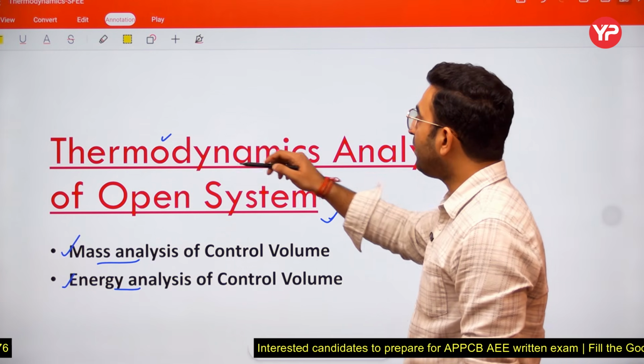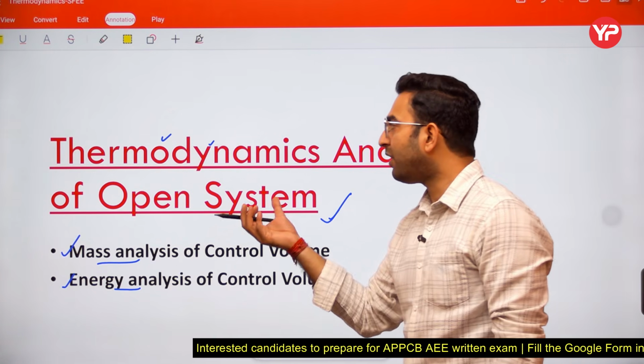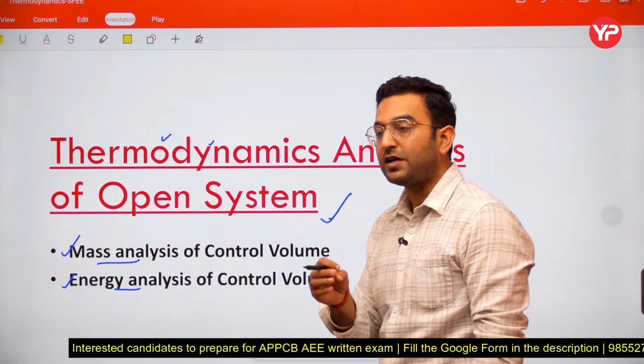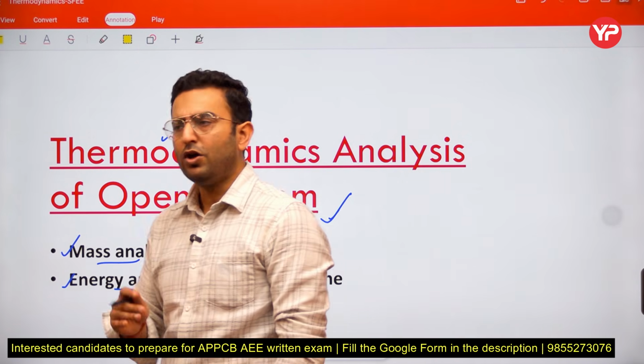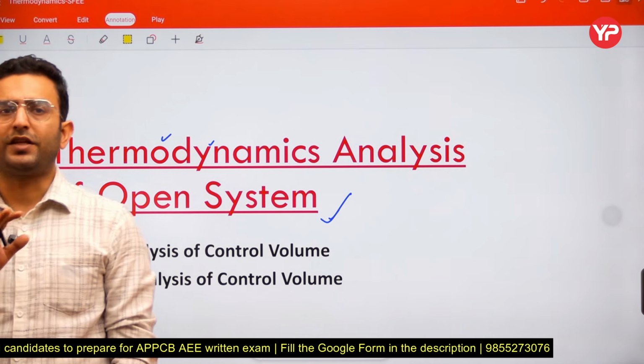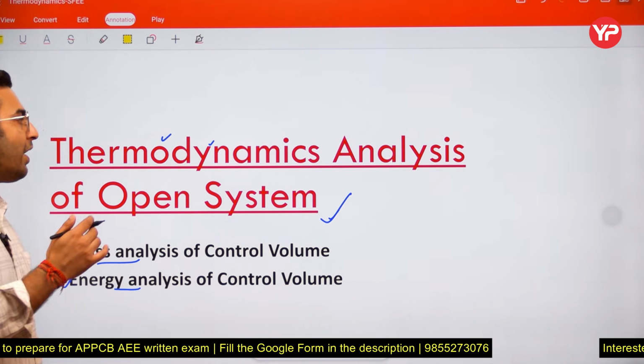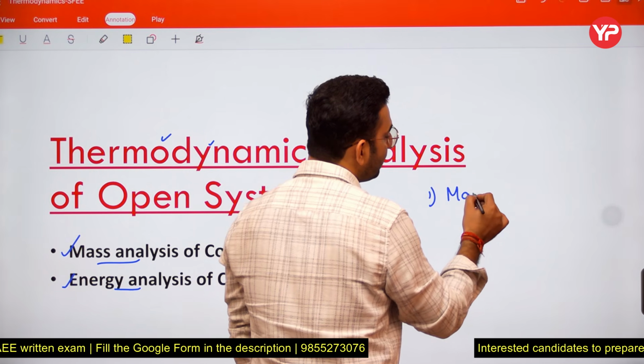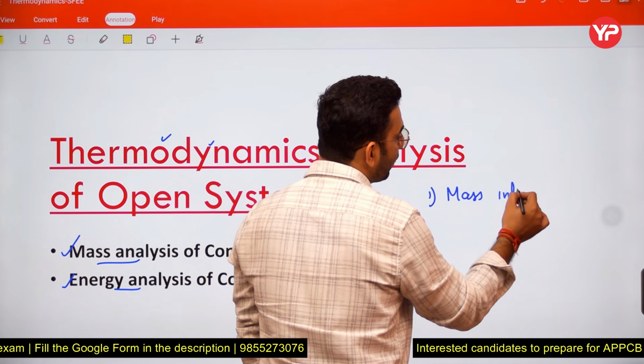Now first of all, if we talk about thermodynamics, what does thermodynamics deal with? Thermodynamics deals with the energy interactions which take place between the system and surrounding. There are different ways of doing the energy interaction. Either we may have mass interaction, work interaction, or heat interaction.